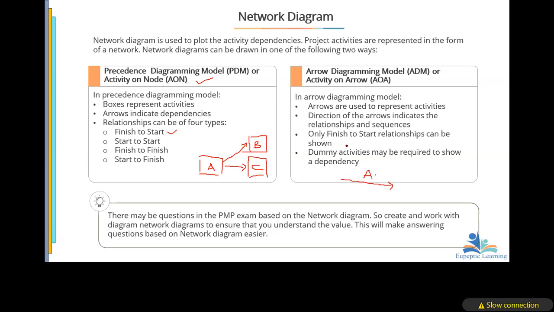Now, only the finish to start relationship can be shown. So you see the disadvantage here: using the activity on arrow, you cannot do any of these. You can only do the finish to start. Now, dummy activities may be required to show a dependency. So that is the difference between the two of them.